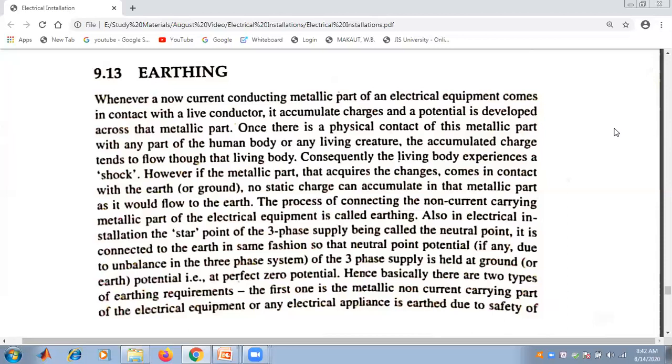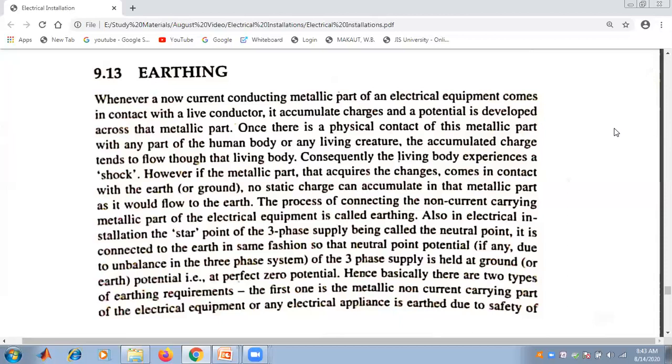Once there is a physical contact of this metallic part with any part of the human body or any living creature, the accumulated charge tends to flow through the living body.